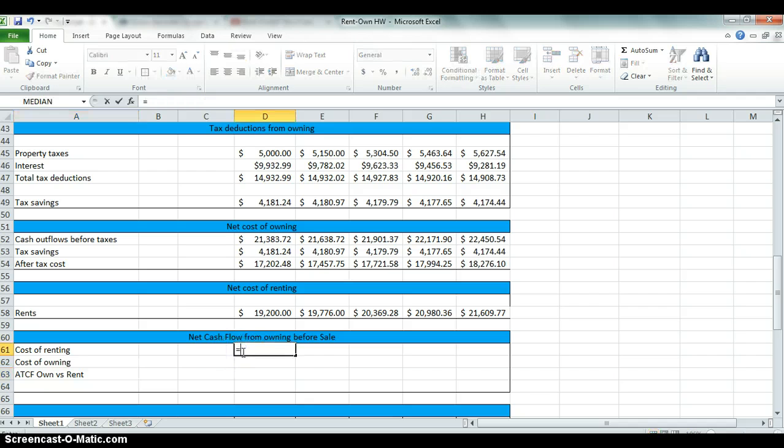So we already have our cost of renting, we just calculated it, so we're just going to copy. Cost of owning, same thing, which would be our after-tax cost.